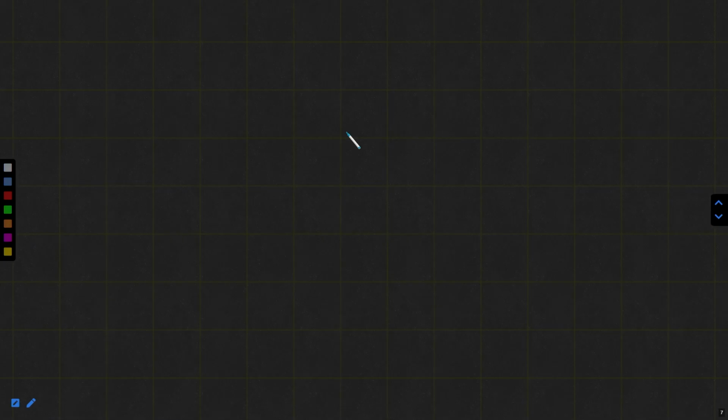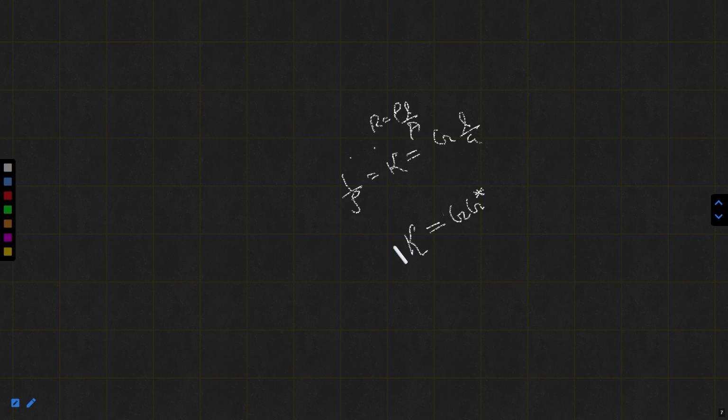Suppose you want to find out G, it will be 1 by R, so R is equal to rho L by A. Therefore, 1 by rho, which is kappa, is equal to G L by A, which will equal G star. Okay, we can write this also.